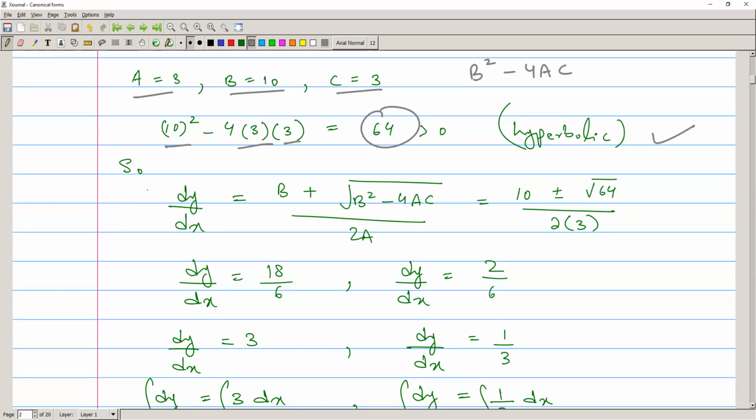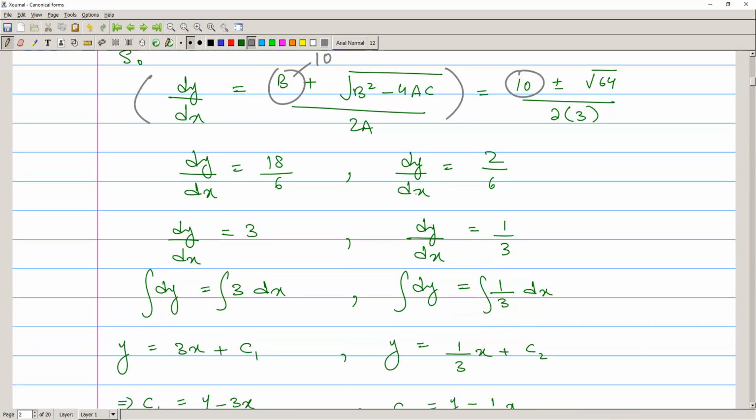So now we can apply the characteristic equation, and here it's b, and b is 10, right? So 10 here plus minus, then b squared minus 4ac, you don't need to find it again, because in this step we already found that this discriminant is 64. So it will be square root of 64 divided by 2 times a, and a is 3 in this case, right?